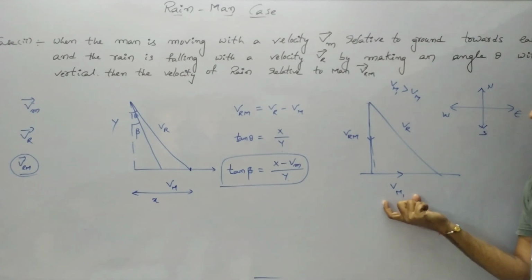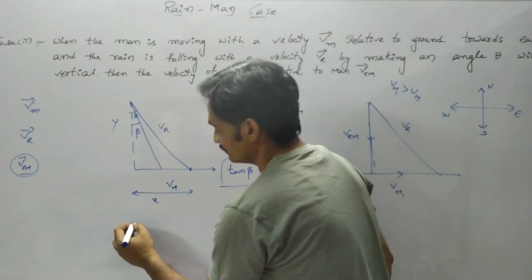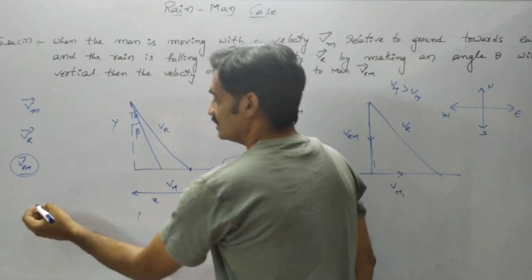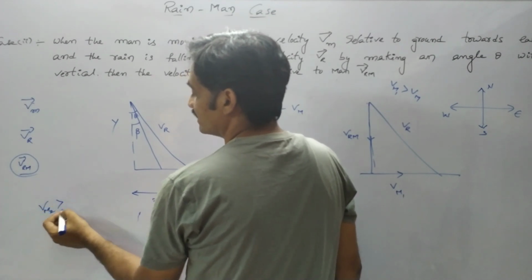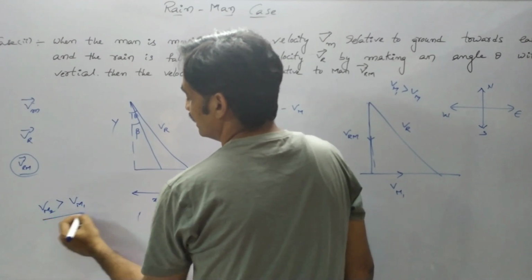Suppose the man still increases his speed from v suffix m1 to v suffix m2. So the velocity of the man is being increased from v suffix m1 to v suffix m2.